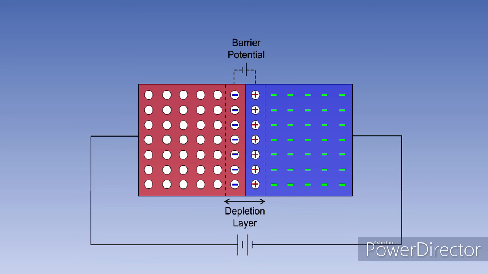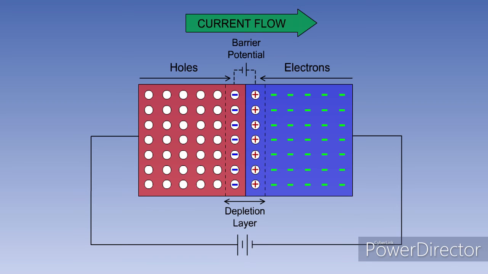If the polarity of the external EMF is reversed, so that the positive terminal is connected to the P-type material and the negative terminal to the N, the holes in the P-type material will now be pushed to the right, towards the junction, and the free electrons in the N-type to the left, again towards the junction. In the junction region, the free electrons and holes combine.